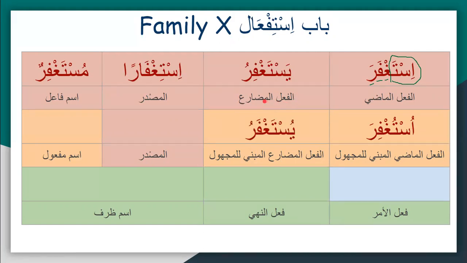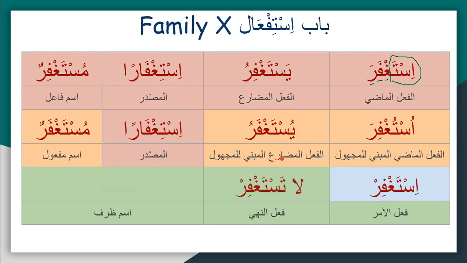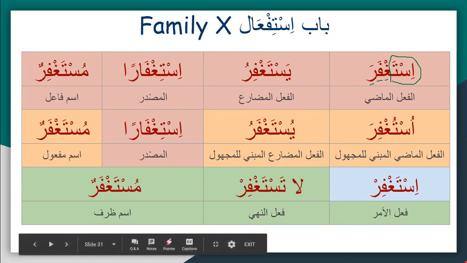Then yustaghfaru: the first one gets dhamma, everything else gets a fatha. Ustughfira, yustaghfaru, istighfaran, fahuwa mustaghfarun. Ism fa'il and ism maf'ul are the same, just the second last letter gets kasra in ism fa'il and fatha in ism maf'ul. Al-amru minhu istaghfir, wa nahyu anhu la tastaghfir, wa zarfu minhu mustaghfarun. Okay, memorize this one.